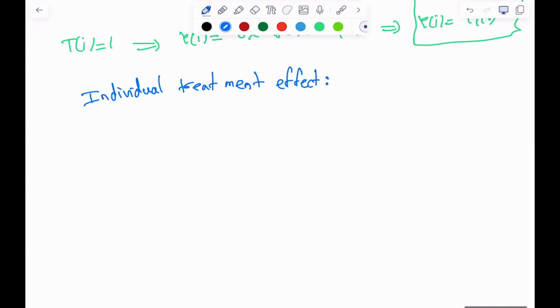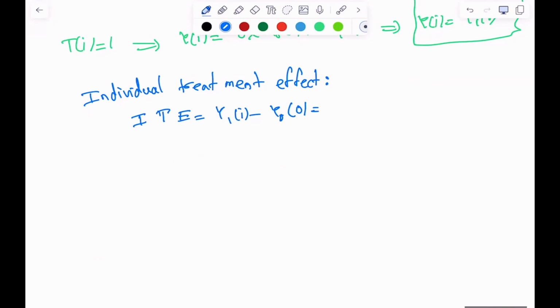So what does individual treatment effect mean? You can write it as ITE. It's the potential outcome if you receive the treatment minus the potential outcome if you didn't receive the treatment. That's the definition of it. So what's the answer to this? Let's say for unit I, I want to see what happened if you received the treatment minus what happened if you didn't. Well, I run an experiment, I give you treatment. I have the observed outcome for that, but I don't know the outcome if you didn't get the treatment.